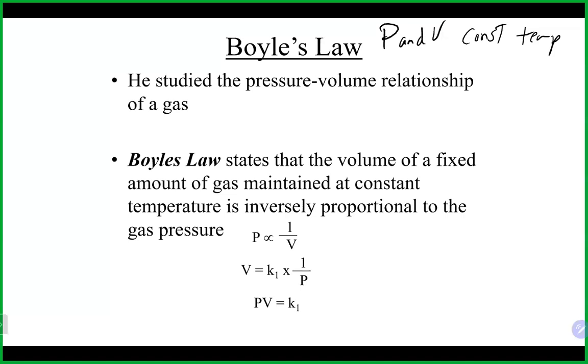And what he found was that the volume of the gas is inversely proportional to the gas pressure. So what did he see? He saw essentially that as the volume goes up, the pressure goes down.